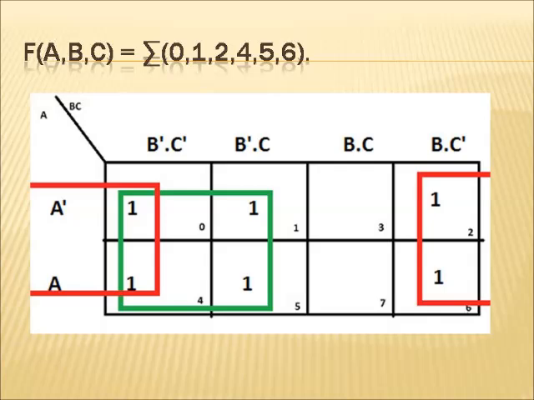This group contains 4 cells, so that is 4 members are there, 0, 1, 4, 5. Then the second group, you can see that I'm joining the leftmost cells and rightmost cells in the K-map to form a quad. Quad means 4 elements. So the index positions are 0, 2, 4 and 6. That is the second quad, right?